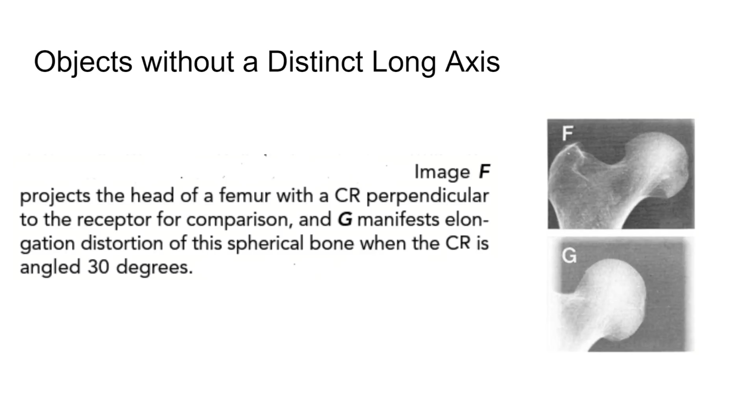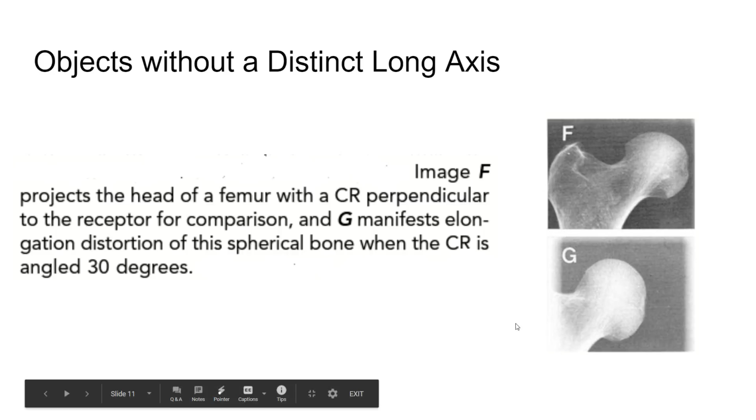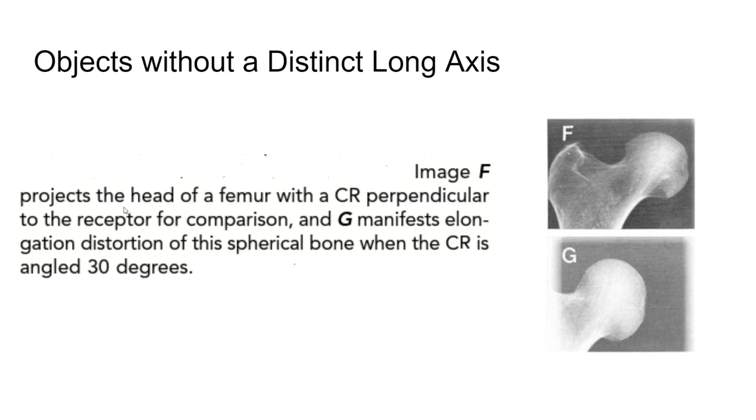So a lot of times you'll get an image like this versus F, which is a much better image. I wish they showed the rest of this here. It would look just as bad. So F projects the head of the femur. CR is perp, as it should be.